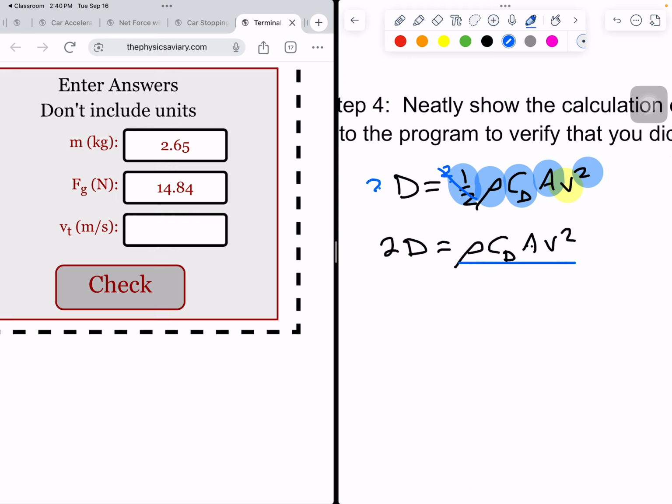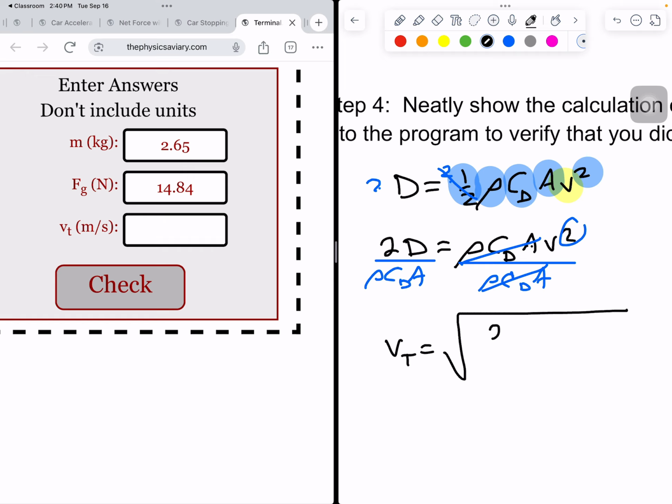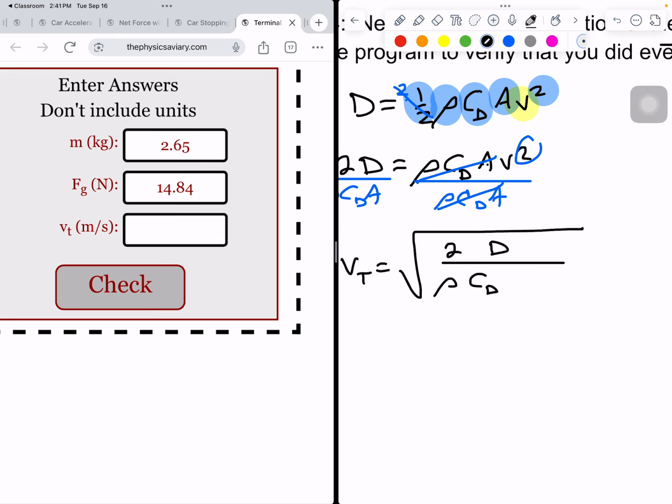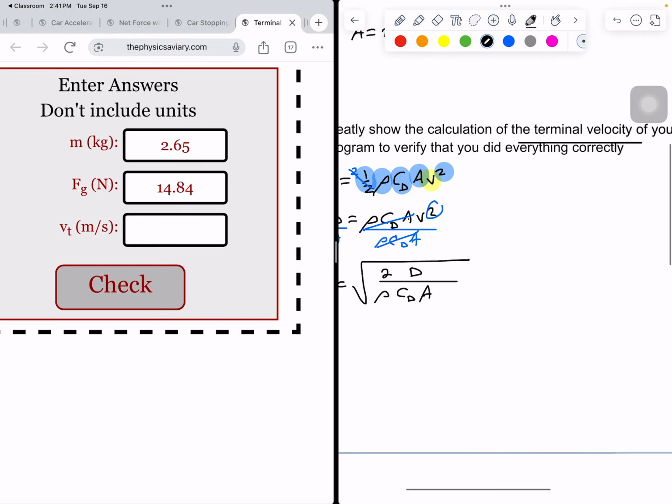At this point, we can divide by rho CD A. And then lastly, take the square root. So V, which is the terminal speed, is the square root of 2 times the drag force divided by the air density times the drag coefficient times the cross-sectional area A. Okay, just plug into that.